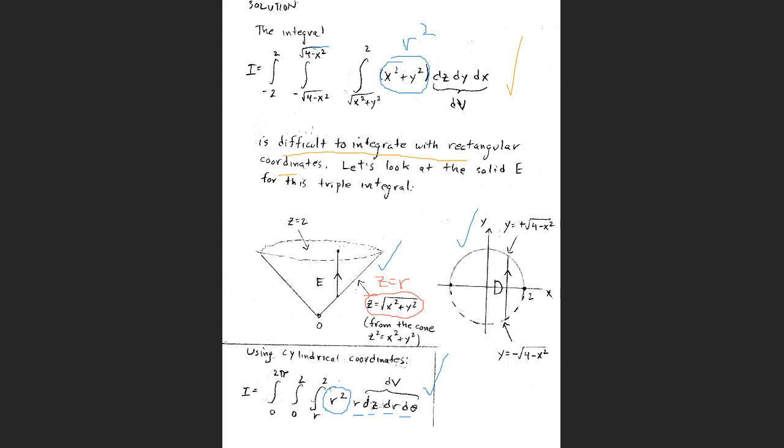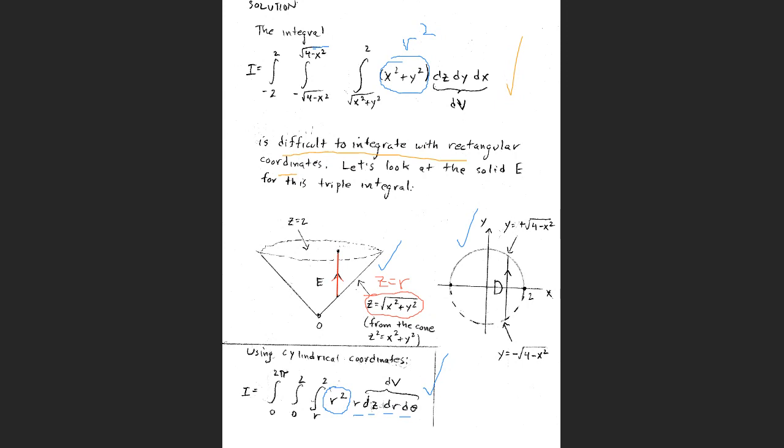So in terms of this line segment that I've drawn here, this red line segment, what direction is it going? What variable is that line segment going in? The z direction, up and down.